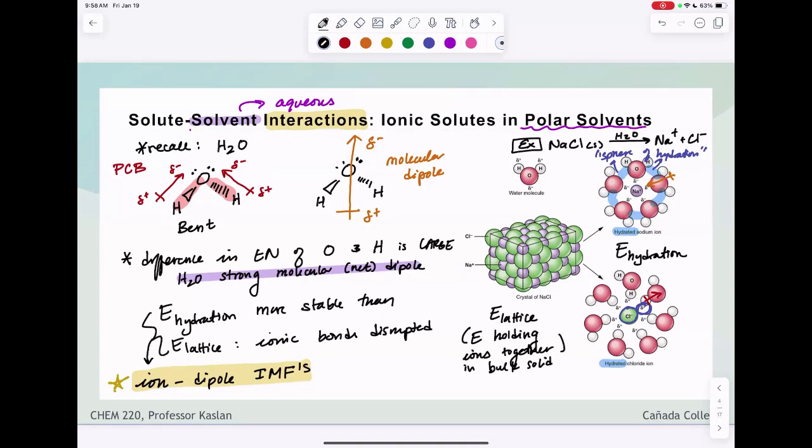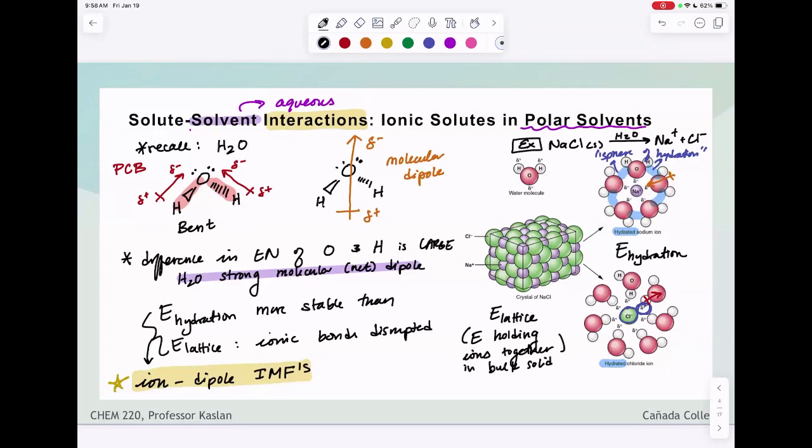If those ion dipole intermolecular forces do not create a more stable system for our ions when they are hydrated compared to when they are bonded in a lattice, then we are insoluble. And we've seen some examples of insoluble things based on our solubility rules in Gen Chem 1. Now, solubility in general, specifically ionic solute solubility, is something that we're going to have a more intense conversation about when we start talking about phase equilibrium and saturation and a bunch of things that you probably don't know about yet.